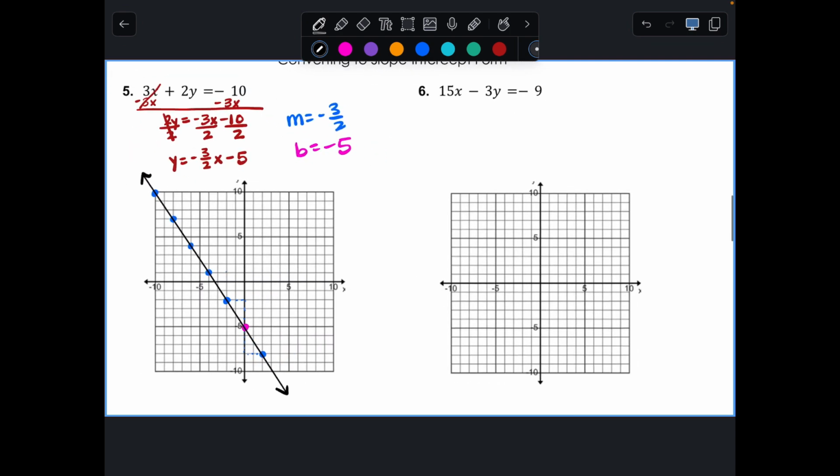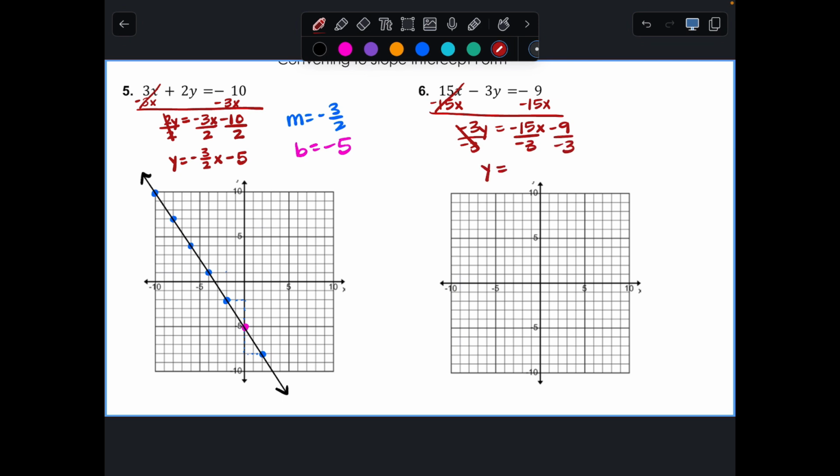Okay, let's do the same for number 6. Subtract 15x. We have negative 3y equals negative 15x minus 9. Divide by negative 3.